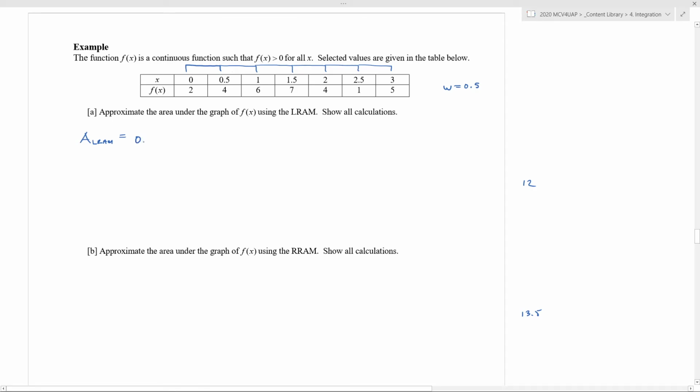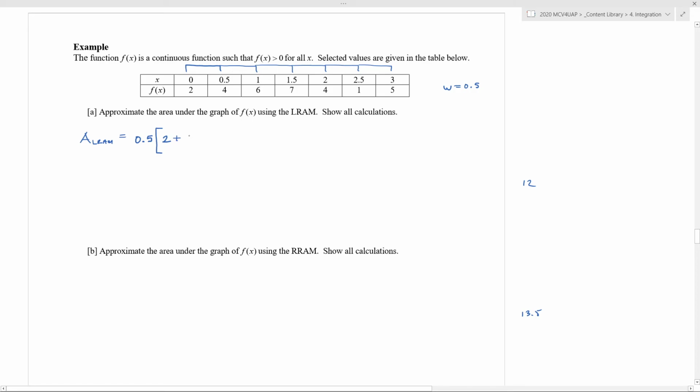So it would make sense, because we like to cut down on the writing, why not just take 1/2 out front and just multiply it by the height of every rectangle. Instead of writing 0.5 6 times, we'll just write it once, and we'll multiply it by the height of each rectangle. So if I'm using LRAM, the height of the first rectangle will be 2.